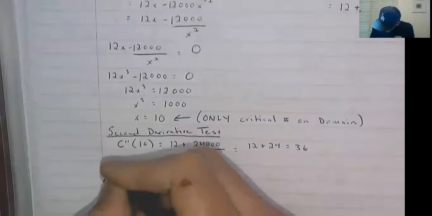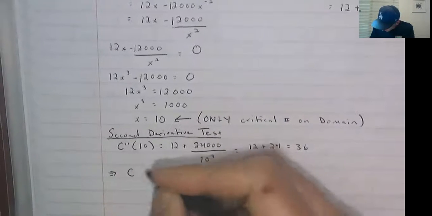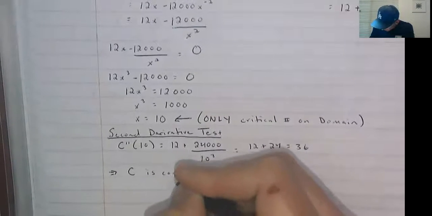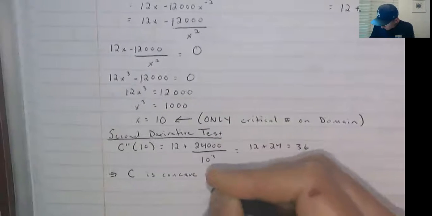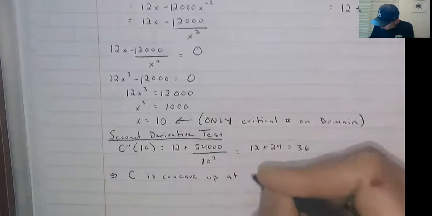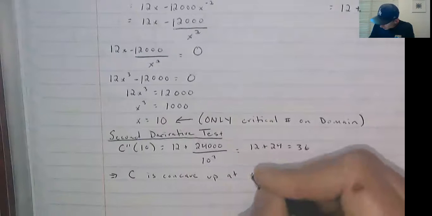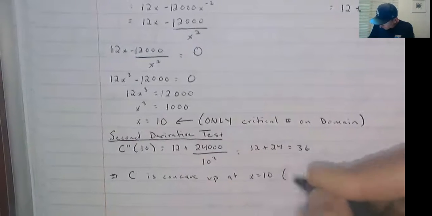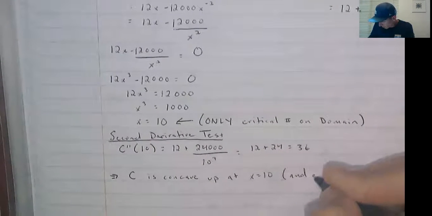And so we conclude that C is concave up at x equals 10, and everywhere else too, let's be clear.